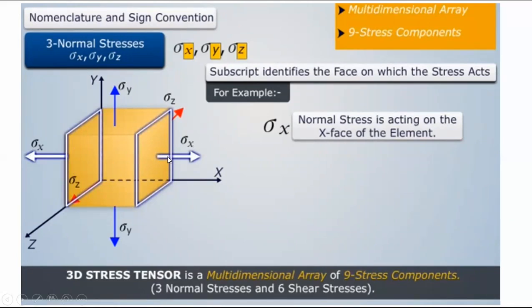A vector cannot be in two directions; a vector has only one direction. But here you can see stress is acting in this direction, and the same amount of stress is generated in this direction inside this component. Okay.